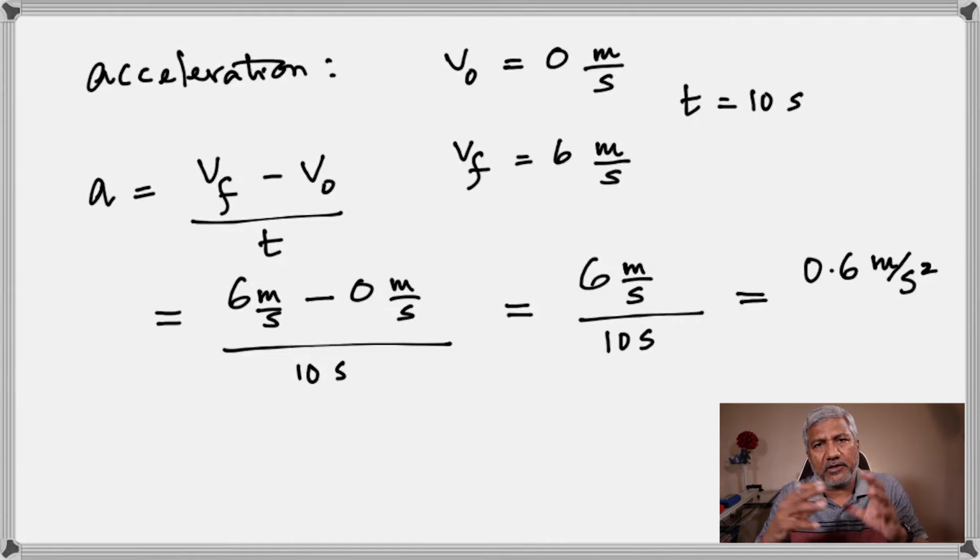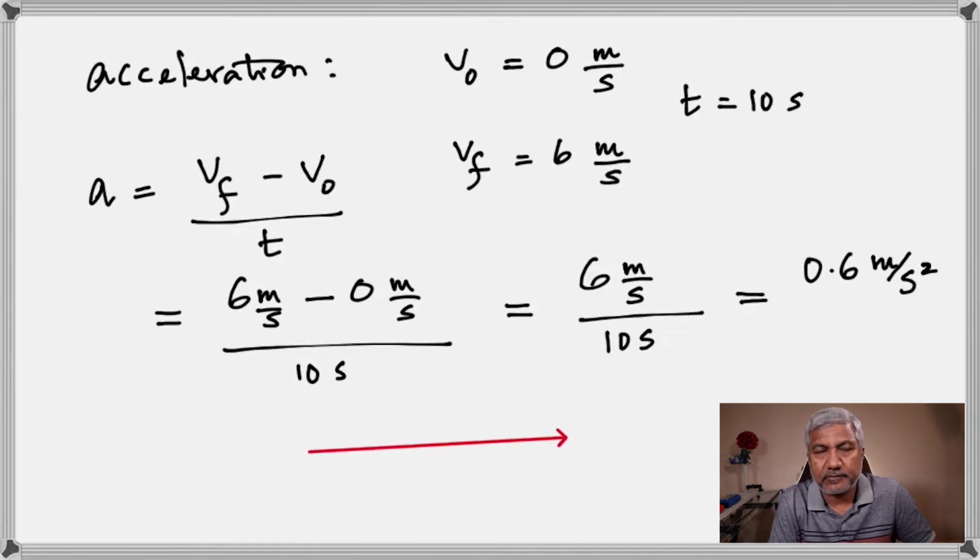Now, as you're driving, if you step on the brakes, then the velocity is going to decrease, and therefore we would say the acceleration is negative. Now, why is the acceleration negative? Because the car may be moving to the west, but because you're stepping on the brakes, the acceleration is towards the east.